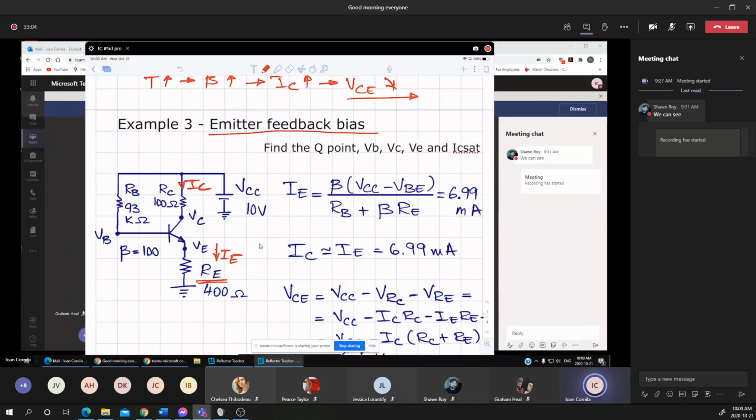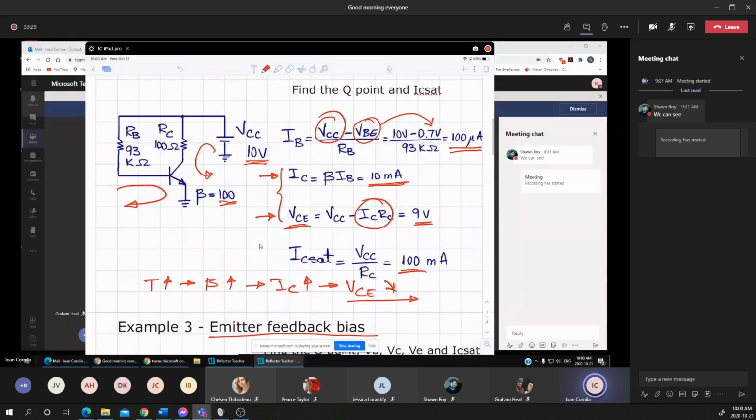Actually, I'm not going to demonstrate it, but I'm showing where it's coming from. I'm substituting the IC as beta IB, and I'm expressing the IB as VCC minus VBE over the RB, based on the above equation.